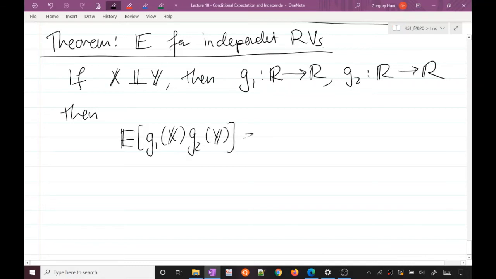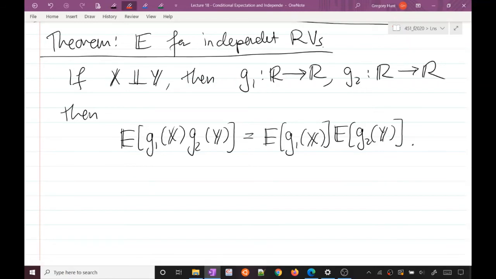Turns out, really nicely, if x and y are independent, I can break apart this expectation. I can write this as a product.